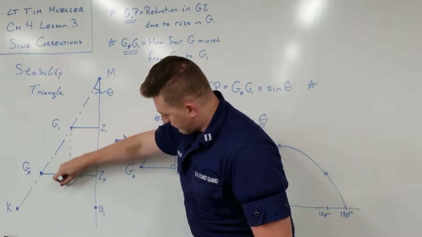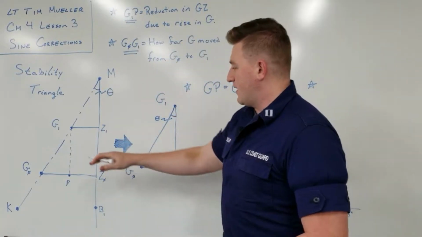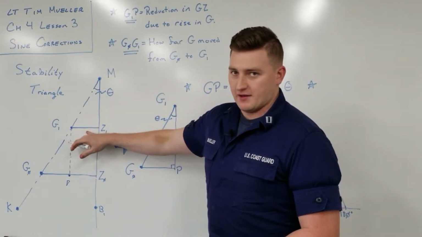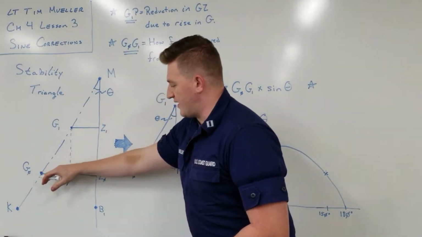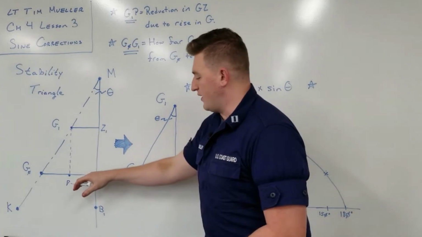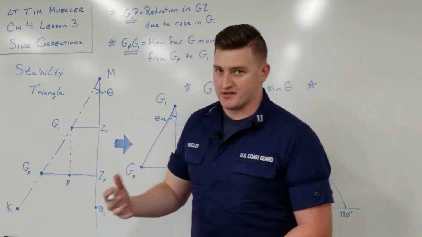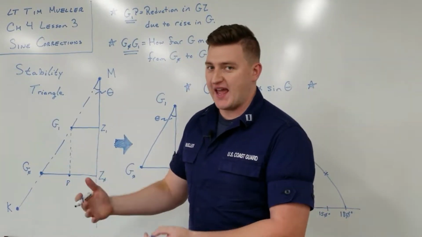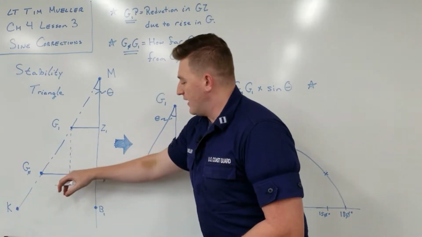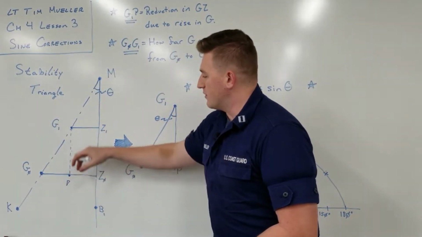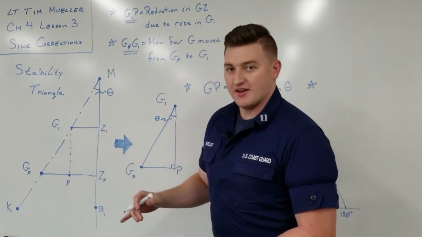Let's call this point P. If we don't know our new righting arm, is there any way that we can solve for this length right here, so that we use what we know, GZ, which we get from our statical curve of stability from that KGa, the assumed KG, and then this value that we calculate, in order to find our new righting arm? And we'll see that here in just a second.